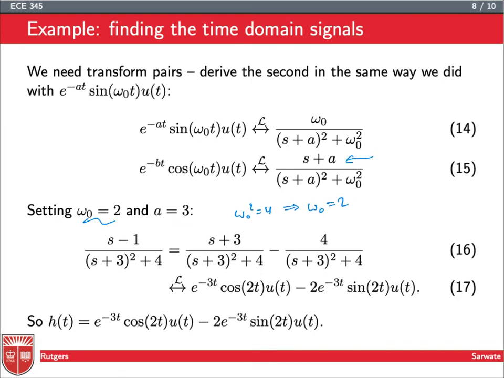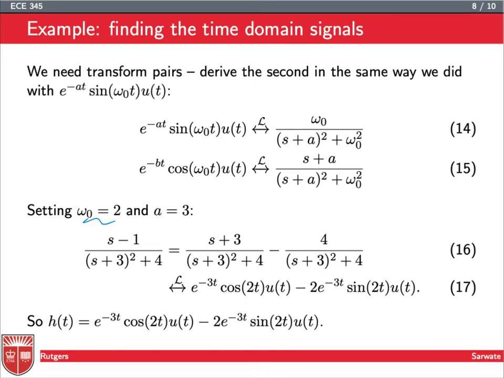And then we look at this and we have to write it in terms of terms that look like these two terms here, this sine and this cosine. So we pull out an (s plus 3) over (s plus 3) squared plus 4. That's going to give us this cosine term, e to the minus 3t, where the 3 comes from here, and then cosine 2t, because this is omega naught squared, u of t.